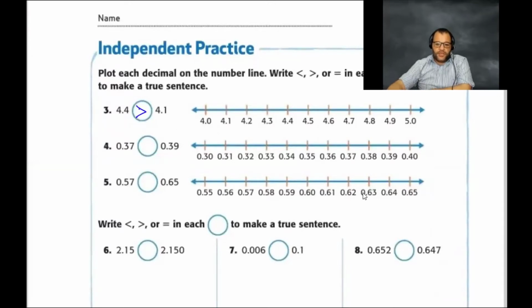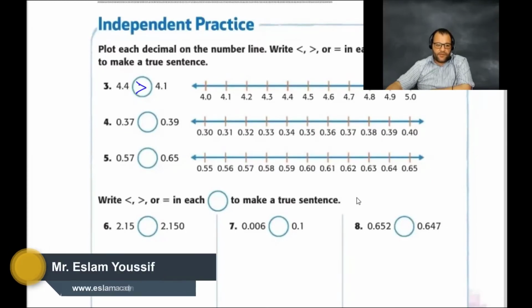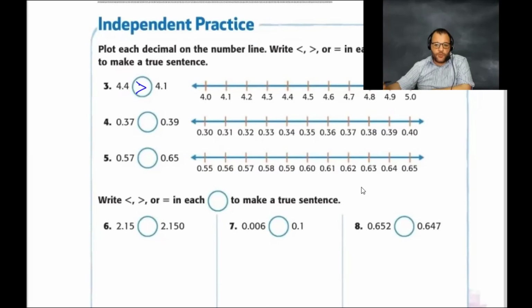So we need another one. Abdurrahman, can you solve question number 4? 0.37 is smaller than 0.37. Thanks. Malik, can you solve number 5?